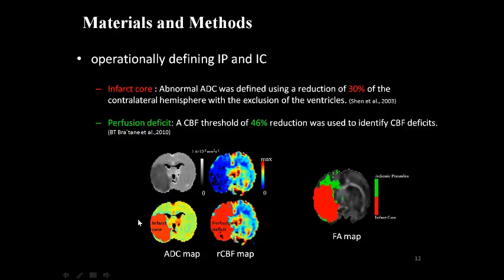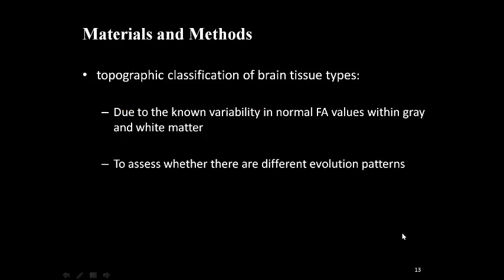Infarct and the CBF deficit were then mapped onto the FA map. Due to the variability in normal FA values within gray and white matters, in this study, we applied an atlas-based tissue classification method during image processing to identify the tissue types within each imaging voxel for each rat model to observe the variable tissue responses to the ischemic injury.